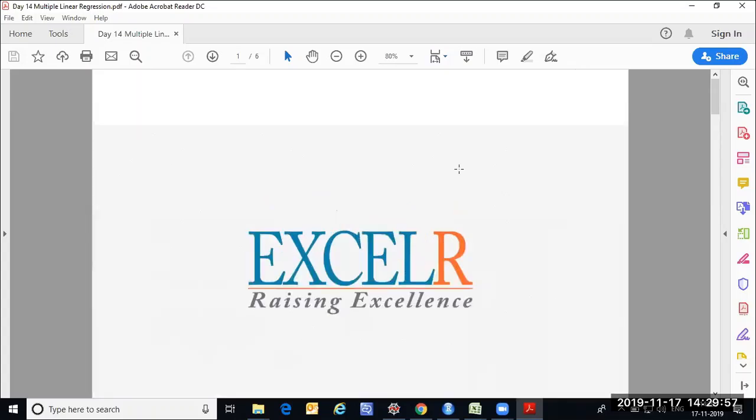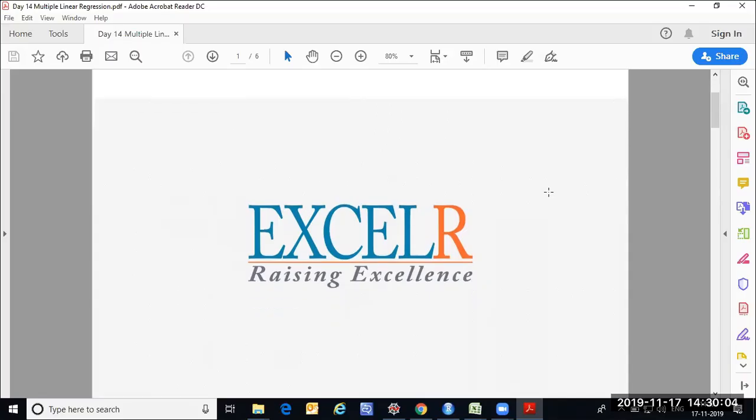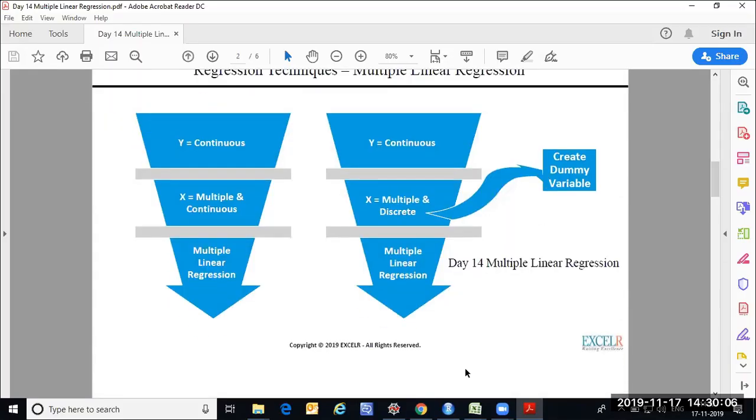Now, let's start with multiple linear regression. When do we go for multiple linear regression? What should be the data type of output variable y? It has to be continuous, right?